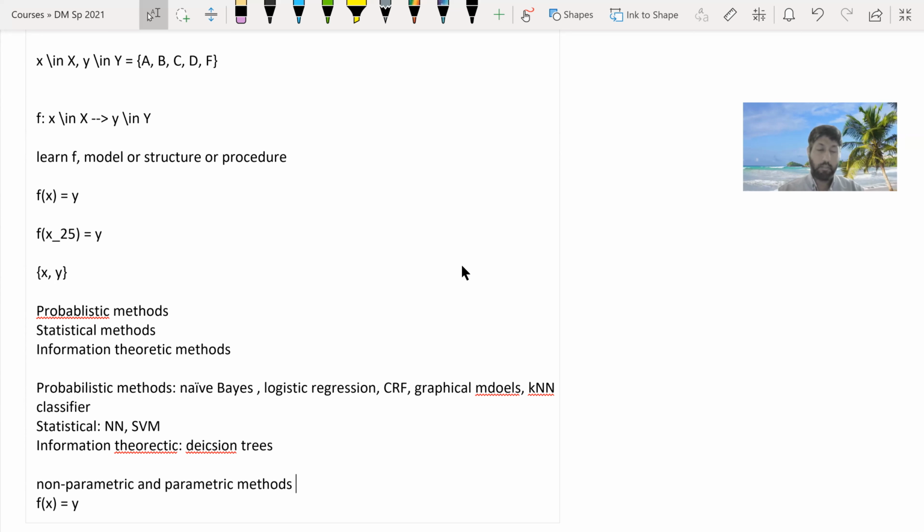The term non-parametric in this categorization means something slightly different. I won't go into that detail here, but it is sufficient to say that this categorization is only important for mostly probabilistic methods. Almost all statistical methods are parametric, and information theoretic methods usually don't have this distinction at all. They do have parameters, but we don't make this kind of distinction of whether it is non-parametric or parametric. So that is one categorization.